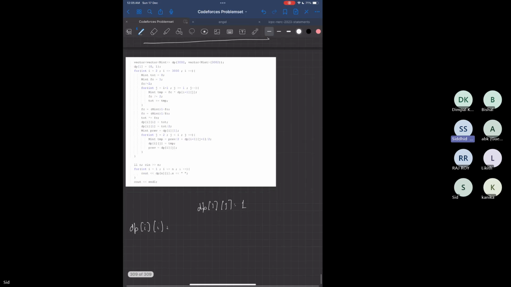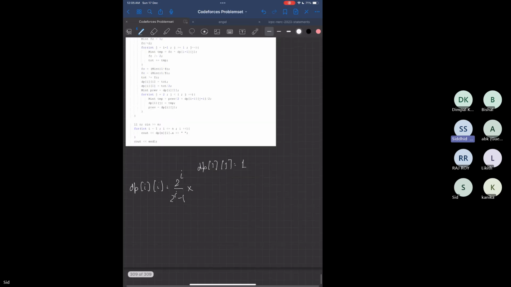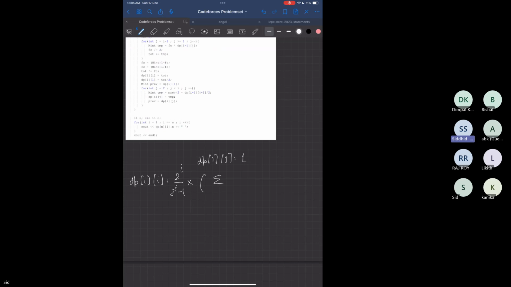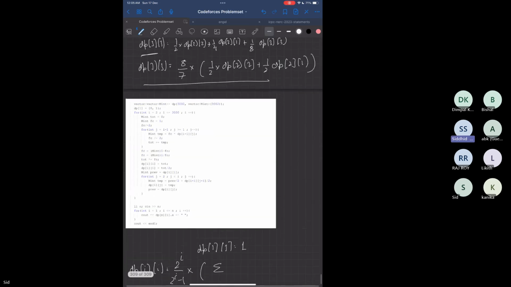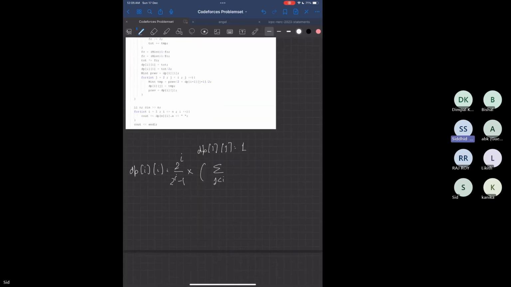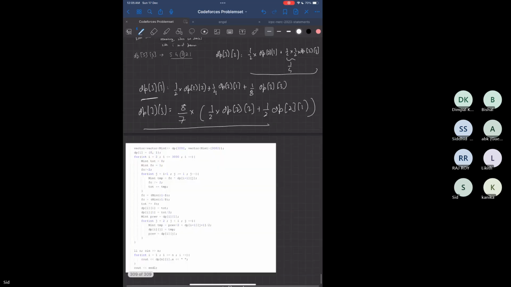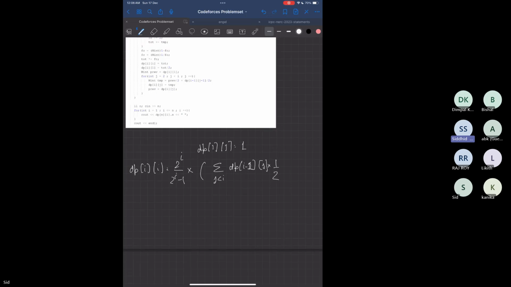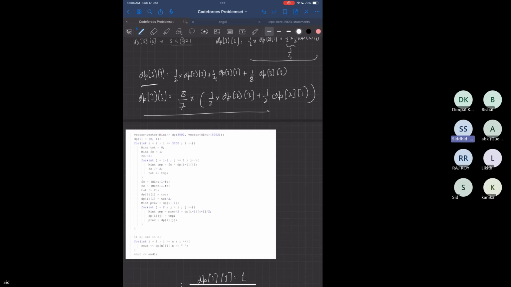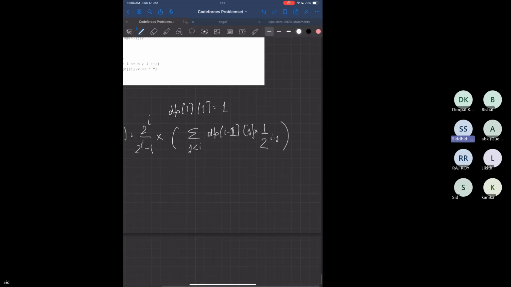That is basically 2 power i divided by 2 power i minus 1, multiplied by a summation, over j less than i, of dp i minus 1, j, multiplied by 1 by 2 power i minus j. So this is my formula.